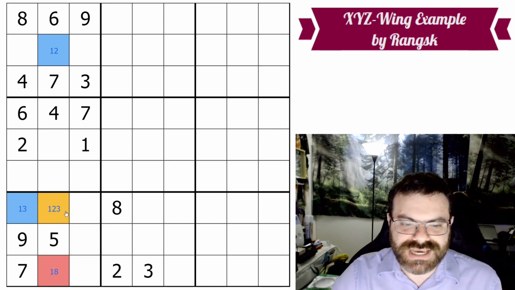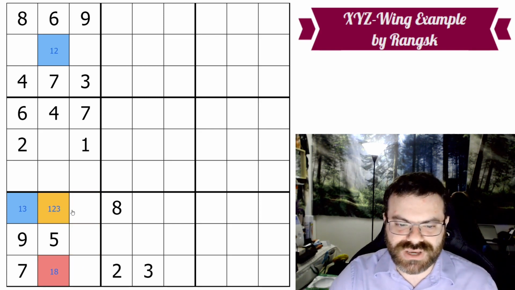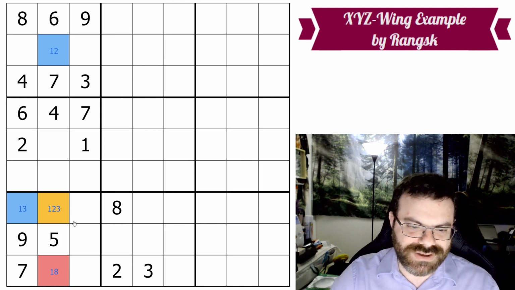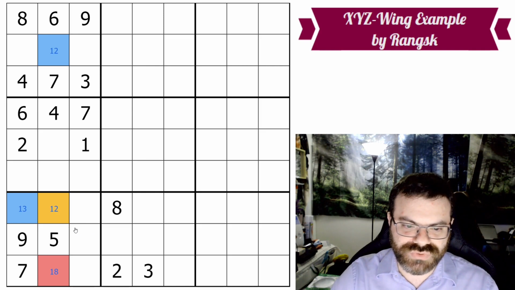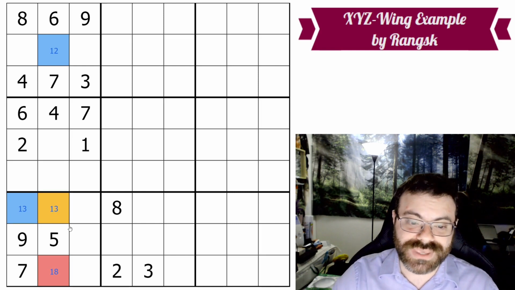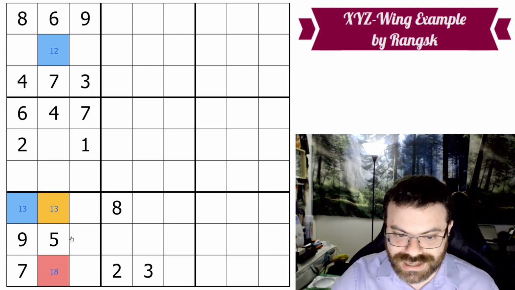So how do we recognize those situations? Like what makes it a Y-wing? Now, got to be careful because, for example, here, if I were to remove the 3 from here, this is just a 1-2 pair. And that still eliminates the 1, but it's not a Y-wing. If I were to eliminate the 2 from here, we have a 1-3 pair here. That actually still eliminates the 1, but it's not a Y-wing.